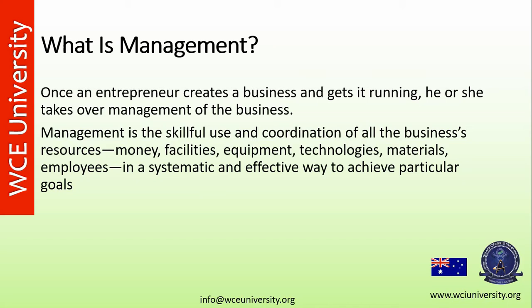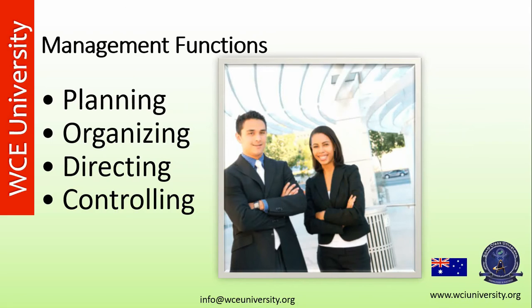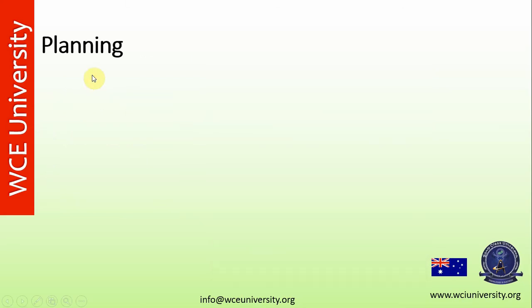Experts break down the job of a manager into 4 general functions, and these are planning, organizing, directing, and controlling. So let us talk about each one of them in detail, and we're going to start with planning.